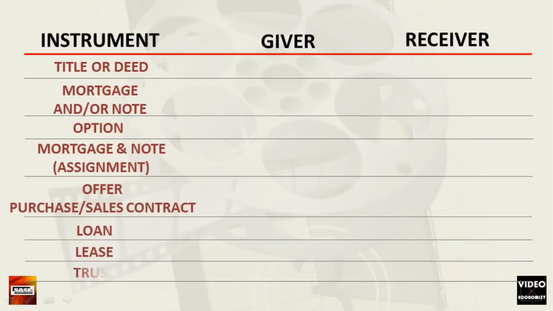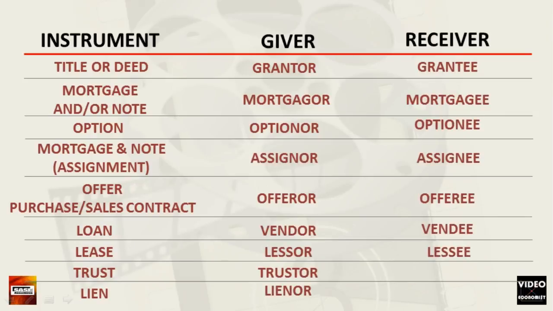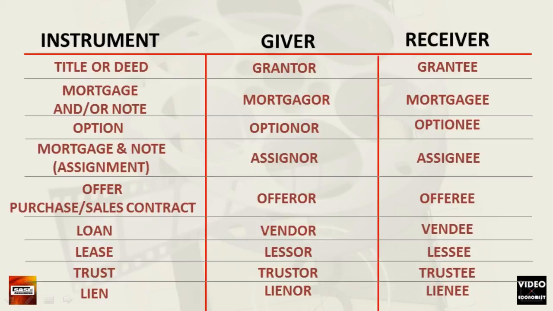On this chart here, and when it's complete you may want to pause the video and take a look at it, what we have is the instruments which may be transferred, the giver and the receiver. Now the giver has many different names, but they all represent the point of origin, and so their names end with an OR.